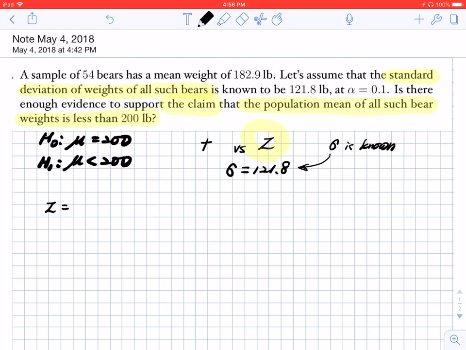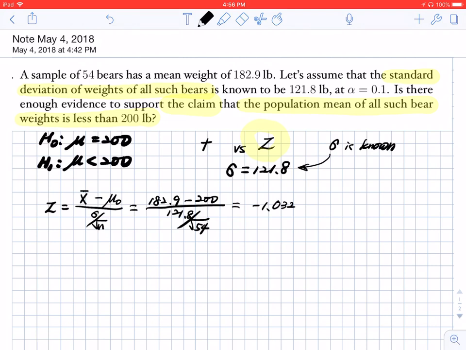So the Z formula is X bar minus mu 0 over sigma over square root of n, which is 182.9 minus 200 over 121.8 over square root of 54. When you calculate this value, you will get negative 1.032.